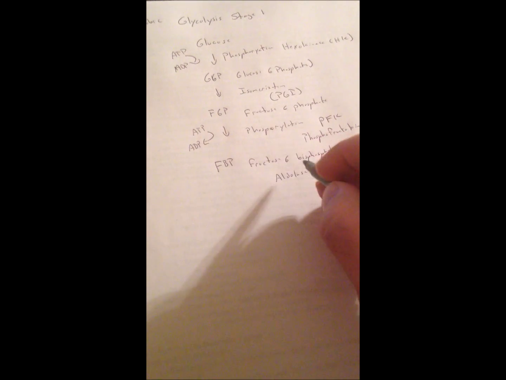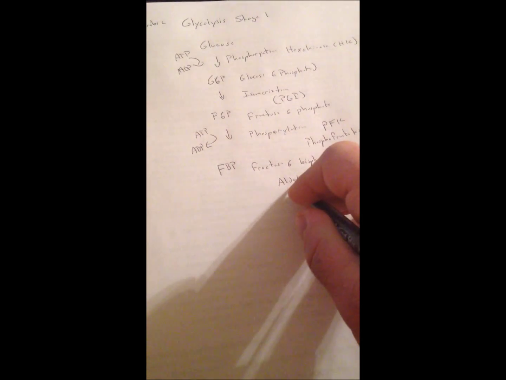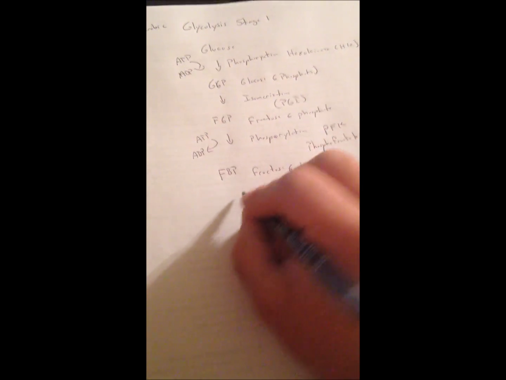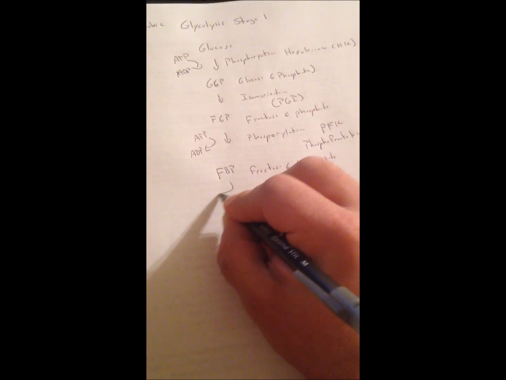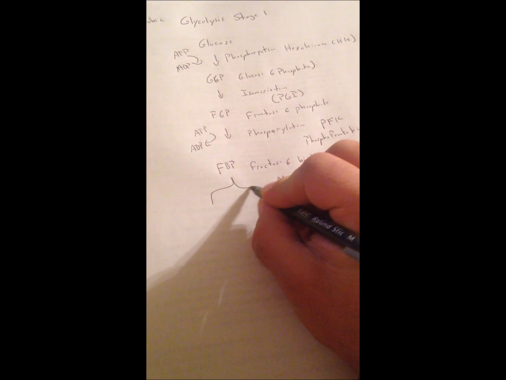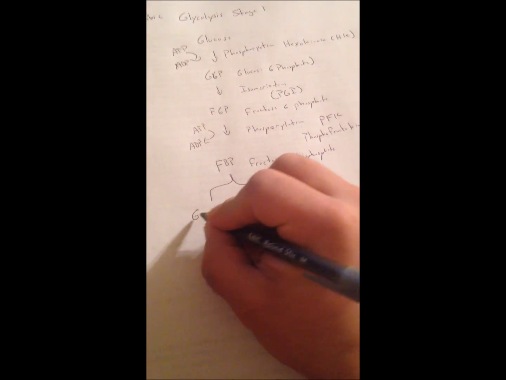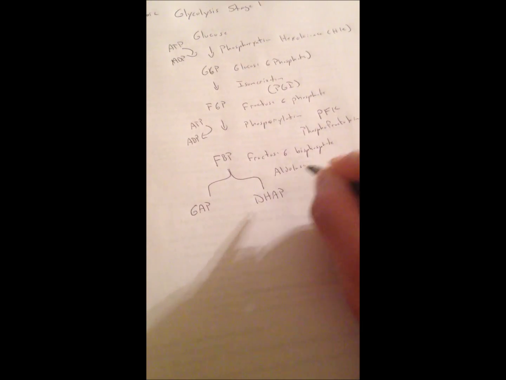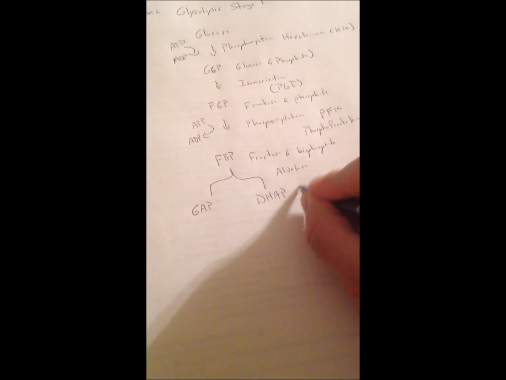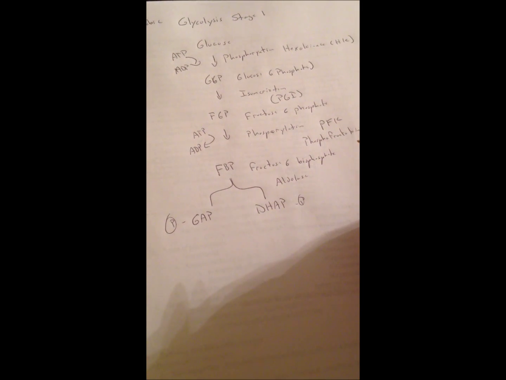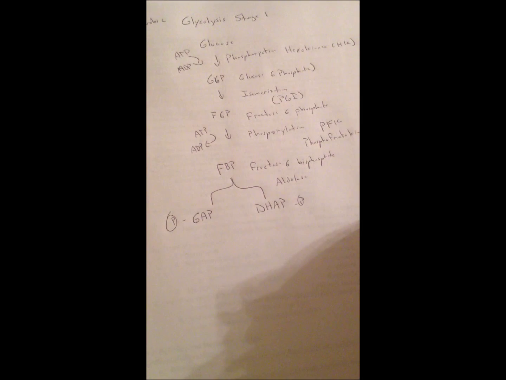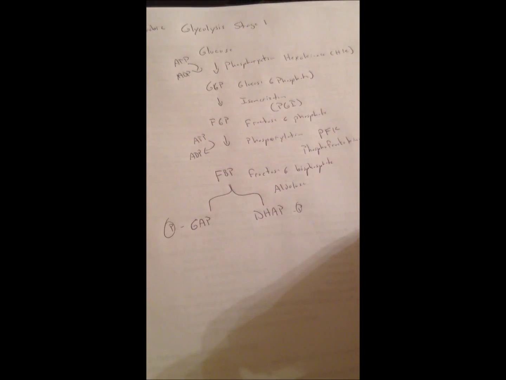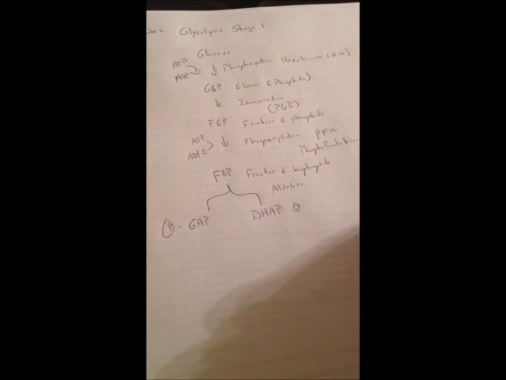I'm sorry, that'll be brought down by the PFK through the phosphorylation, and then the aldolase is going to bring this here to either your GAP or your DHAP with phosphate here. And then that process will lead us into stage 2 of the anaerobic glycolysis.